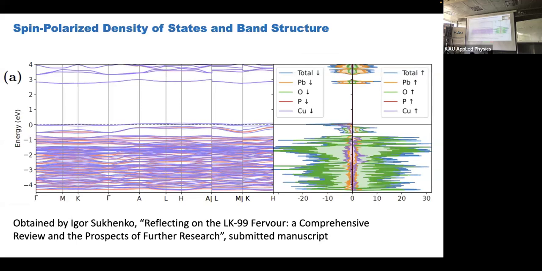This results from Igor's manuscript about apatite, the LK-99, which was some big news. And you can see how complex this band structure can be for a lot of atoms, because this apatite, how many atoms? 41.